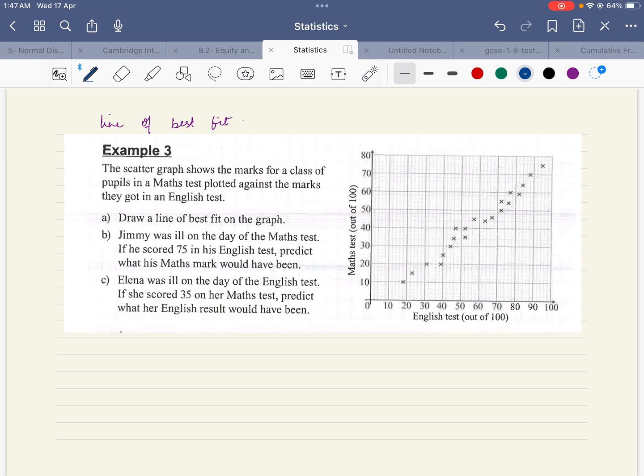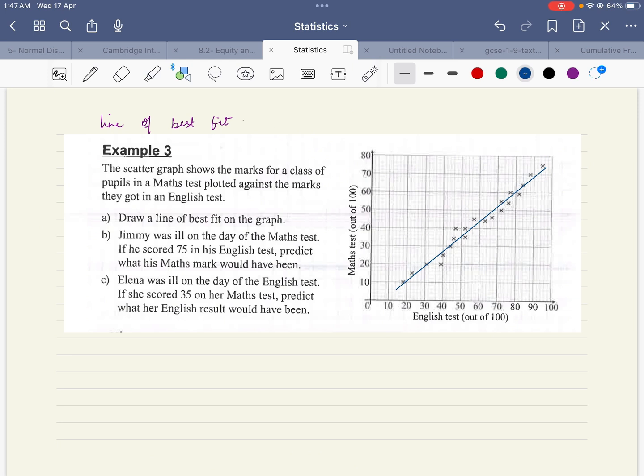Okay, and this one, draw a line of best fit. This is the line of best fit. Jimmy was ill on the day of the maths test. If he scored 75 in his English test, predict what his marks would have been in maths.